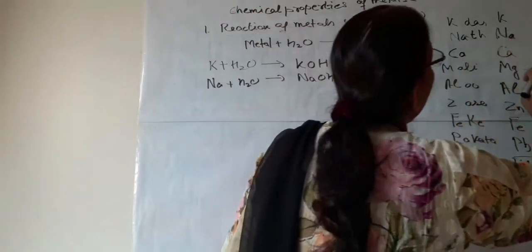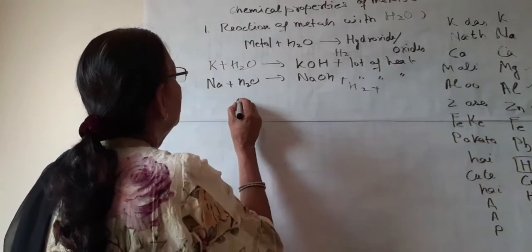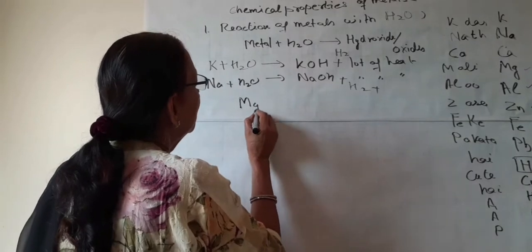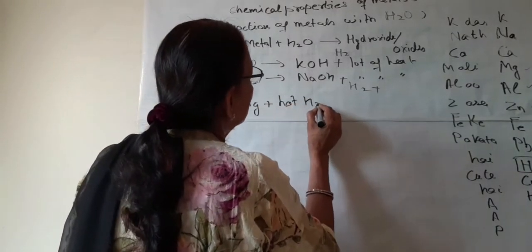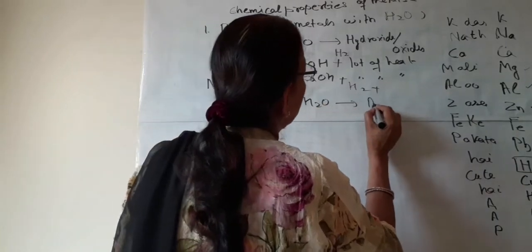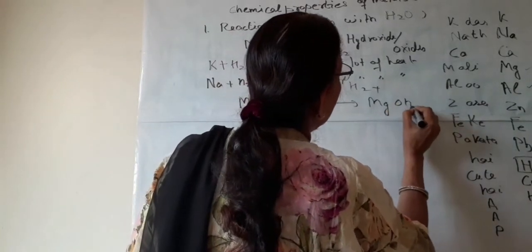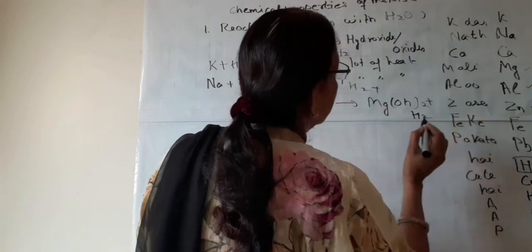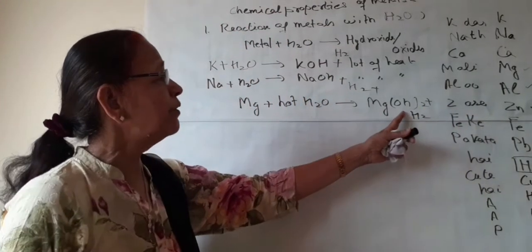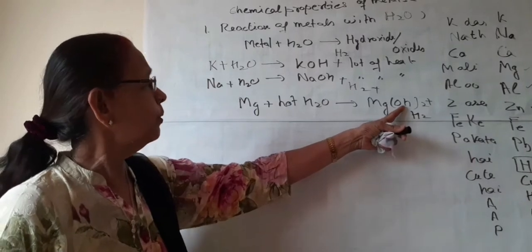Now next, these two and magnesium also. Magnesium reacts with hot water. It reacts with hot water and magnesium hydroxide is formed and hydrogen is formed. This is magnesium hydroxide, Mg(OH)2.